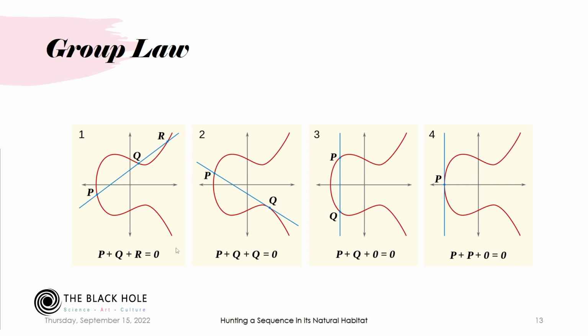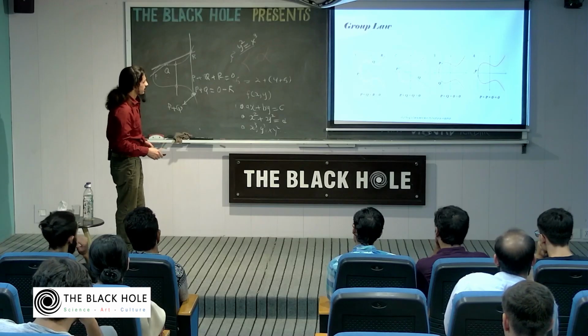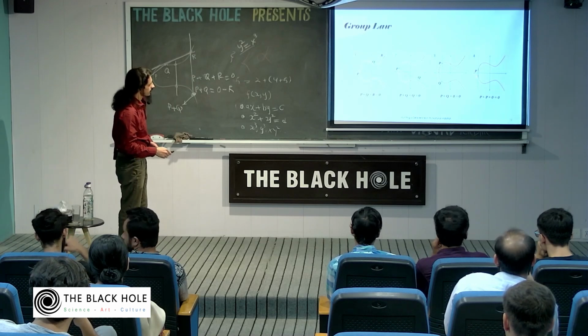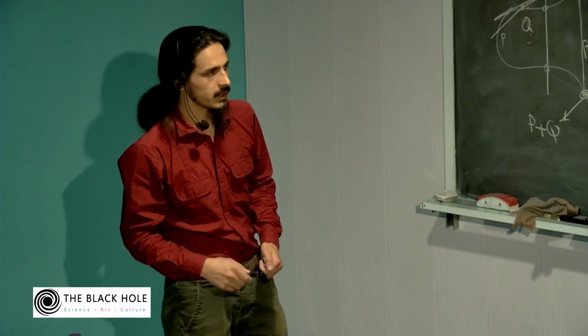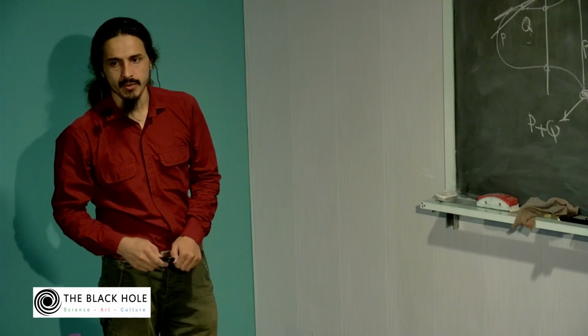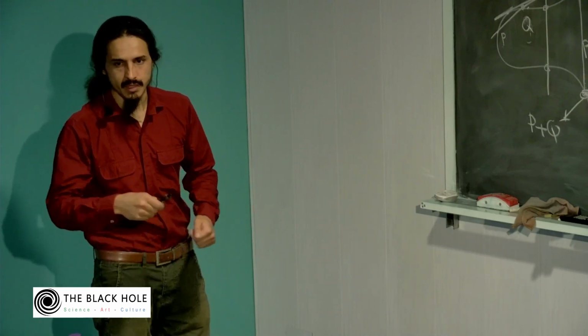By the way, the operation here is the same as addition. Just don't get confused. This geometric addition, we can use any symbol for addition. And this 0, by the way, is the point at infinity, not the usual 0 in the set of reals or integers or any other set. So this is how we define group law, and we add a point to itself, and we can even add the point to 0. So this is the fourth possibility. These 4 pictures cover all the possibilities of addition of points on elliptic curves.